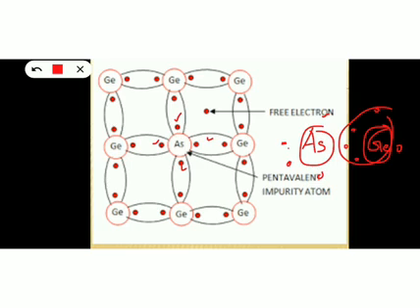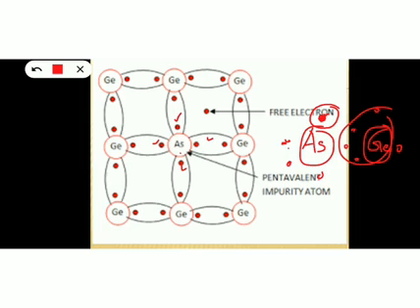So 4 valence electrons of the arsenic atom are engaged, but 1 electron is free, because arsenic has 5 valence electrons. That free electron will be available for conduction, free to move through the crystal lattice. Whenever an electron is free, it will conduct the current.